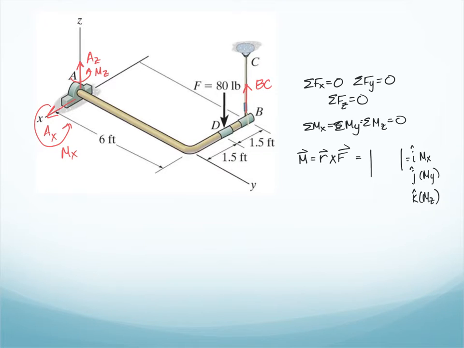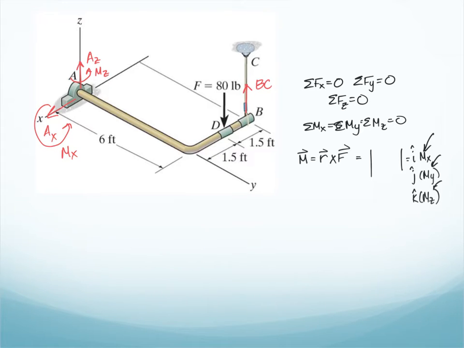So what I'm trying to show here is that whatever we end up finding for these different components would represent the components of the moments, and it would be those expressions that we would set equal to 0. In this particular problem, it seems like this could be rather complicated because we have 2 forces and they're located at 2 different distances.